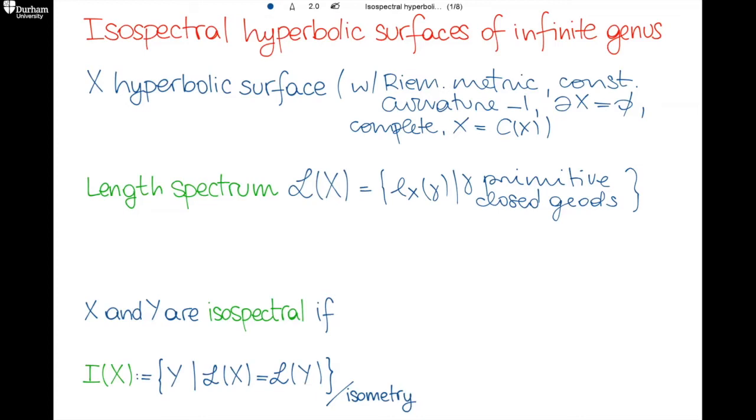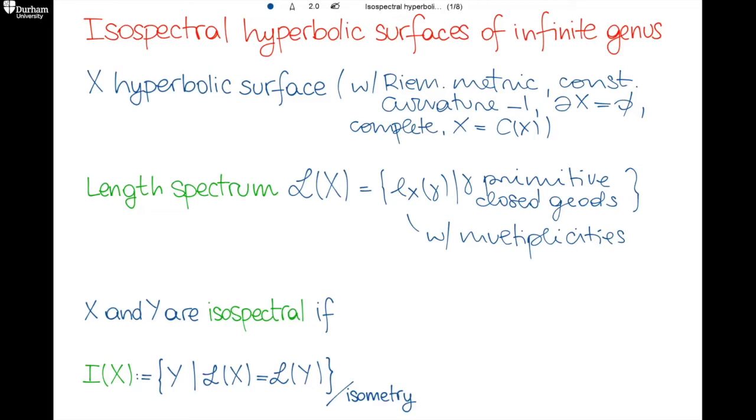And I'm going to consider this set actually with multiplicities, meaning that if I have multiple curves with the same length, I'm going to remember how many times that length appears. On the other hand, I don't remember in this set, if I have a length, to which curve it's associated.